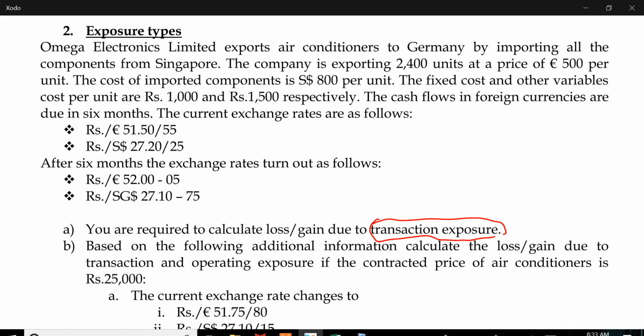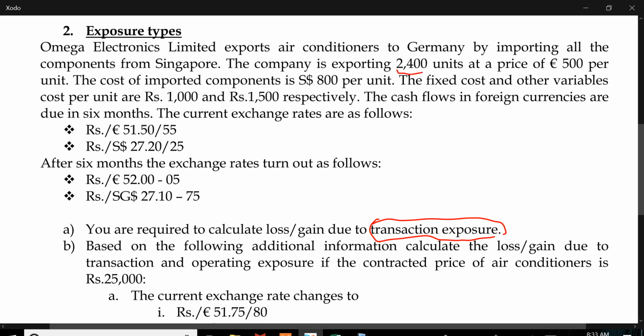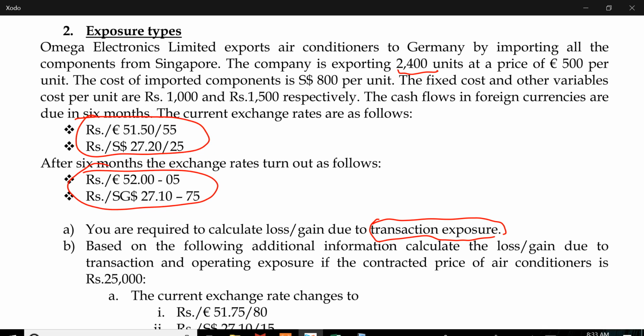Whatever is the difference in the profit between these two levels, that's the profit or loss due to transaction exposure. My currency is either giving me profits or giving me losses. So for these 2400 units, today I will calculate the profit based on these exchange rates, then I'll calculate the profit based on these exchange rates. There is going to be a difference in profit. That difference in profit is called loss or gain due to transaction exposure.